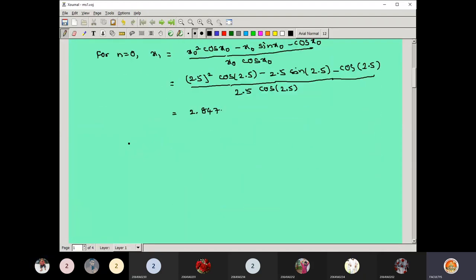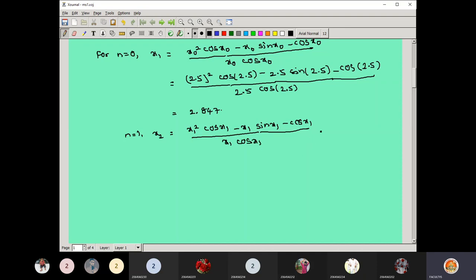In the same way, substitute n equal to 1. In order to stop the process, you should think about the successive values of the approximate roots. So directly I am substituting x1 square cos of x1 minus x1 sin of x1 minus cos of x1, divided by x1 cos of x1.